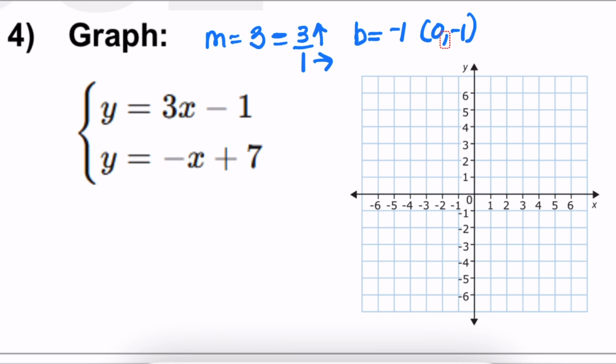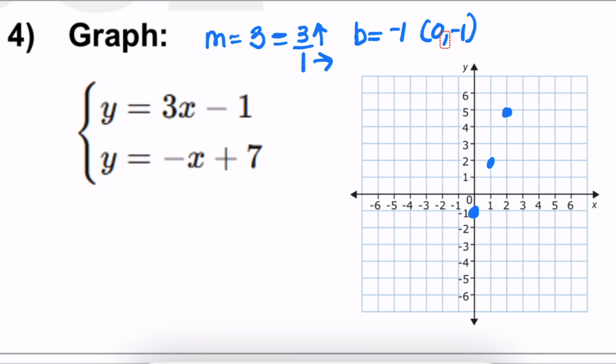And so you start with your y-intercept of 0, negative 1. Your slope says go up 3 spaces, 1, 2, 3, and then to the right 1. And you keep going.